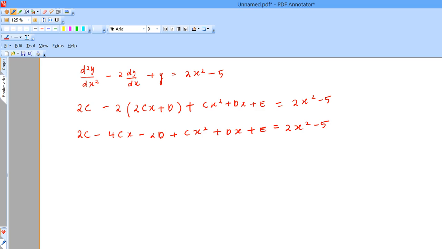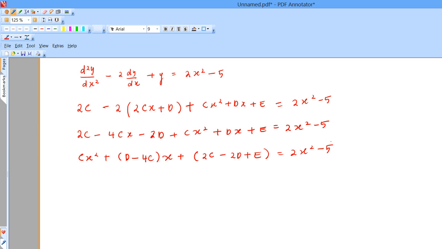Okay, next, if you group this equation, we get cx square plus d minus 4c x plus 2c minus 2d plus e equal to 2x square minus 5.